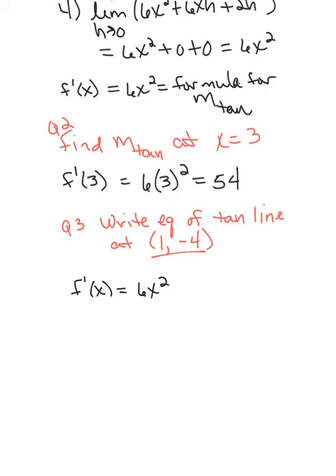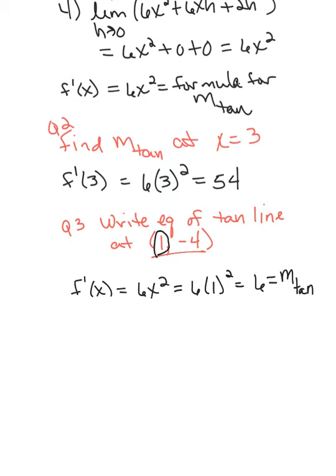It requires x. And if you look at our point, we know the x value, we know it's 1. So we will do 6 times 1 squared and get 6. This gives us the slope of that tangent line.